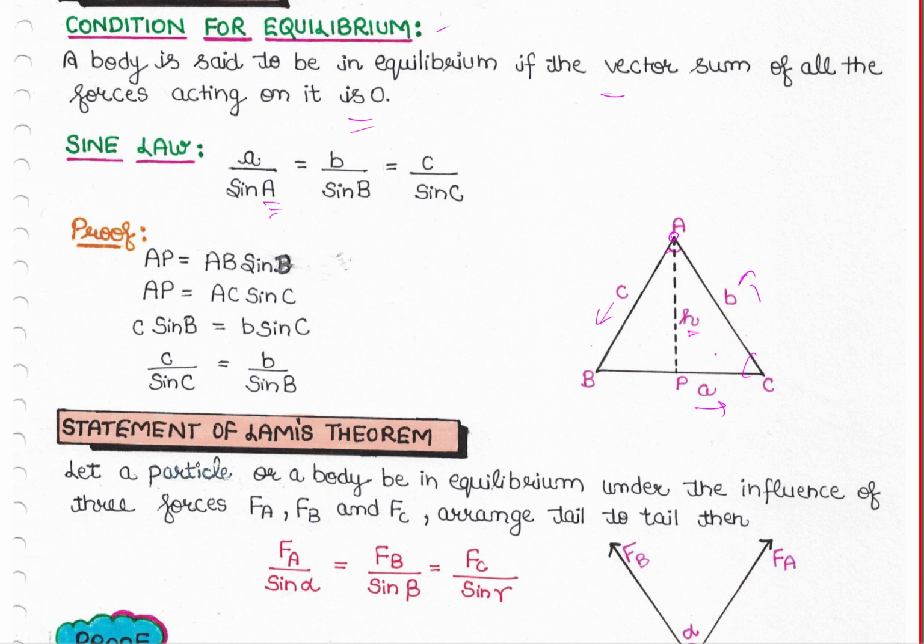This is our C and this is our B. We can also prove it: if AP is equal to AB sin B and AP is equal to AC sin C, so C sin B is equal to B sin C, or C by sin C is equal to B by sin B.